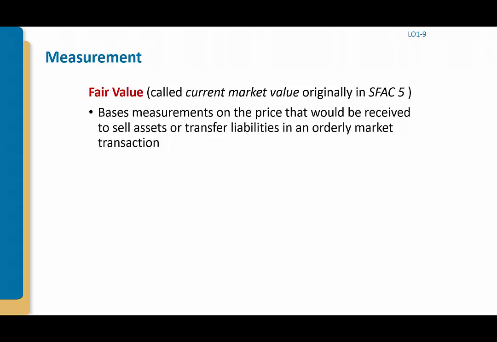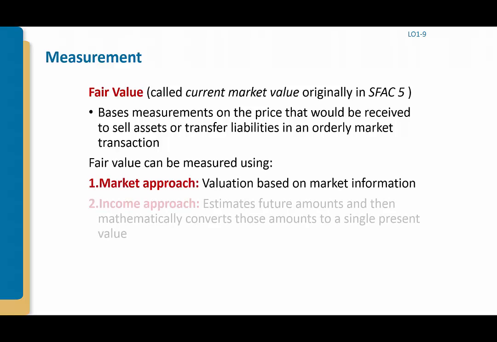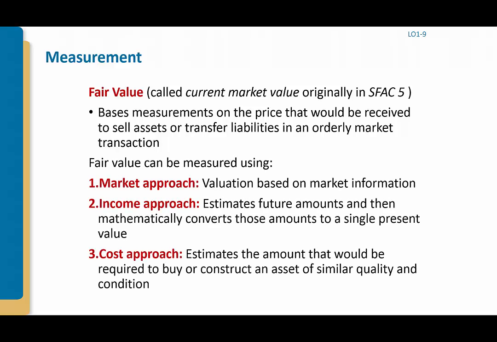That's in Statement of Financial Accounting Concepts 5, and it is measured on the price that you'll receive when you either sell the asset or transfer the liability, and that's measured through various approaches like the market, income, or cost. Market is based on what the market will bear, the price that you can get in the normal capital market environment. Income basically estimates the future amounts, and then you take the net present value of that. And the cost approach is pretty much what you're going to have to pay to buy it.